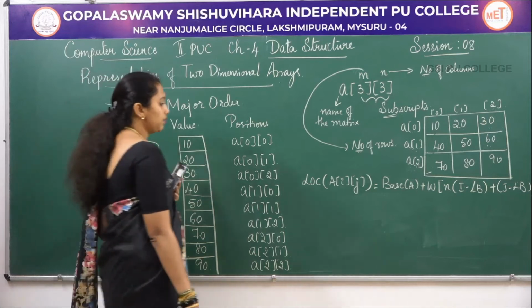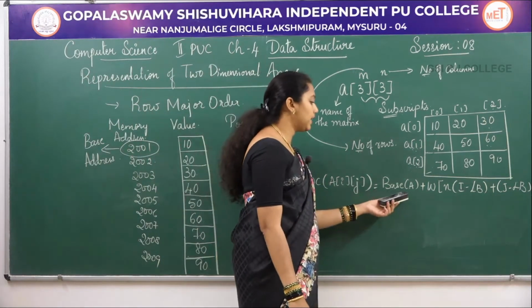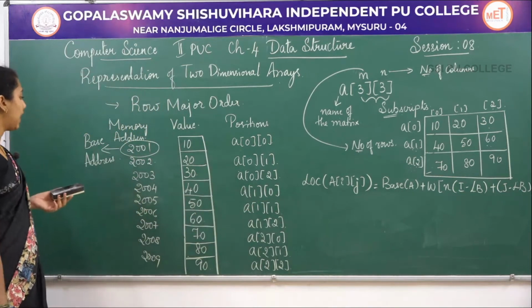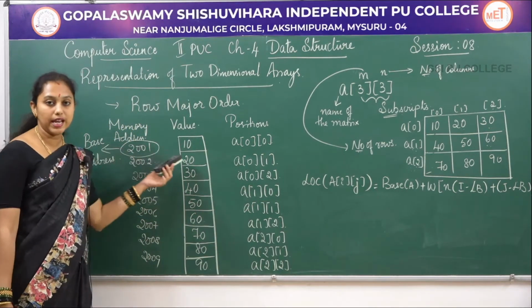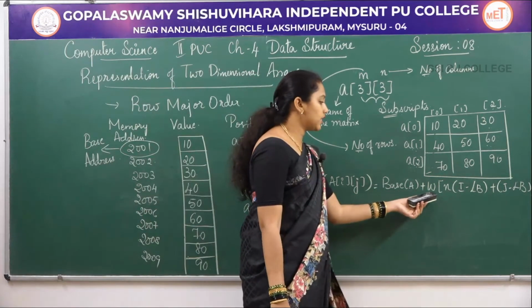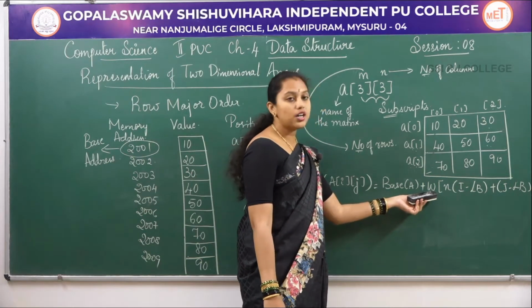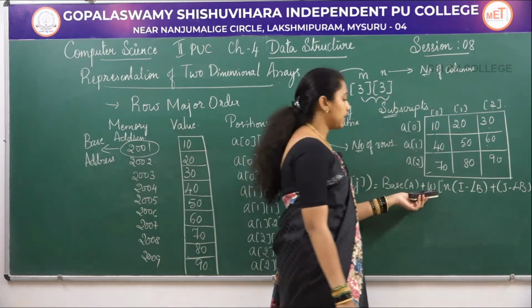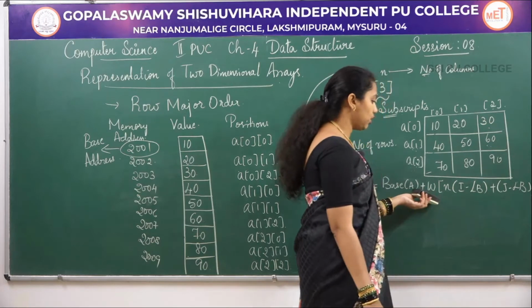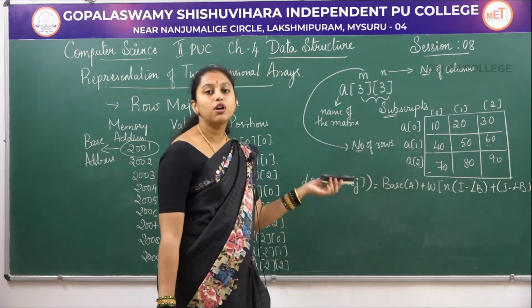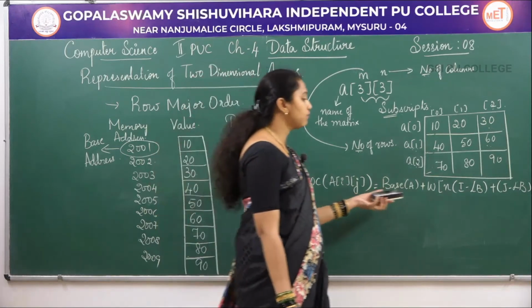Now let's see what is base of A. Base of A is nothing but the address of the first element in an array. Then W is the word per memory location, and n represents the number of columns.